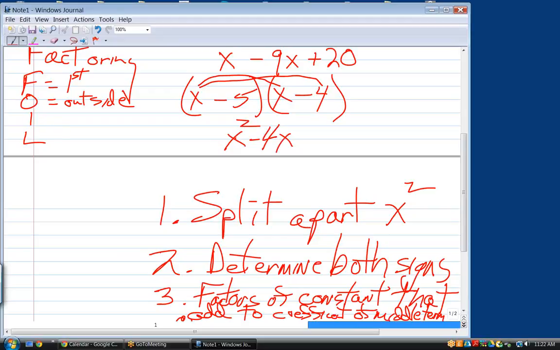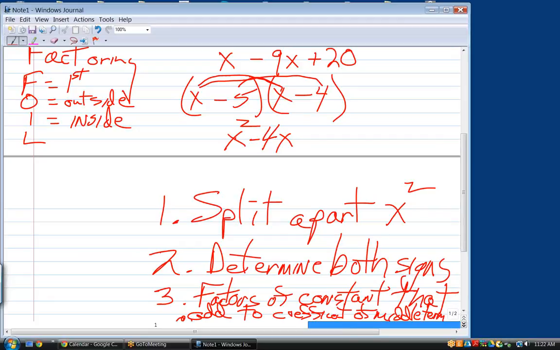What's the I stand for? Inside terms. That's these two terms. What is the inside terms multiplied together?